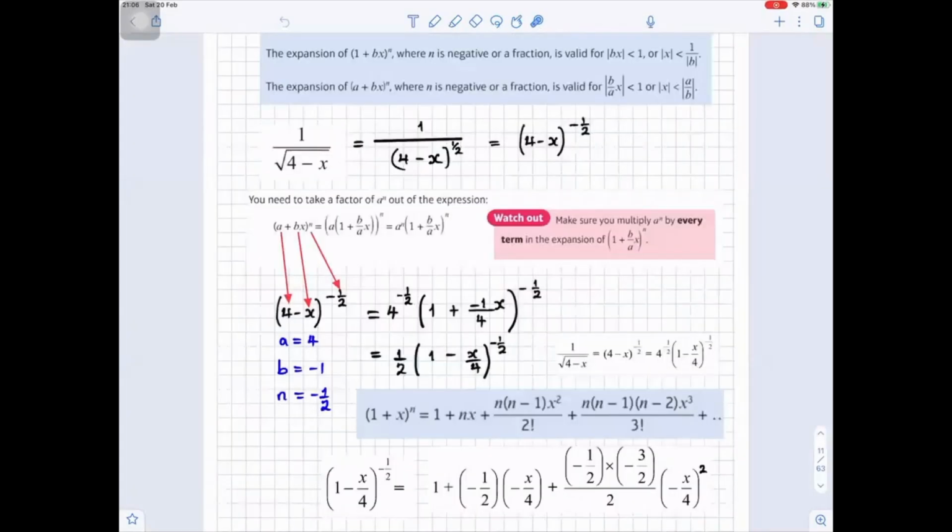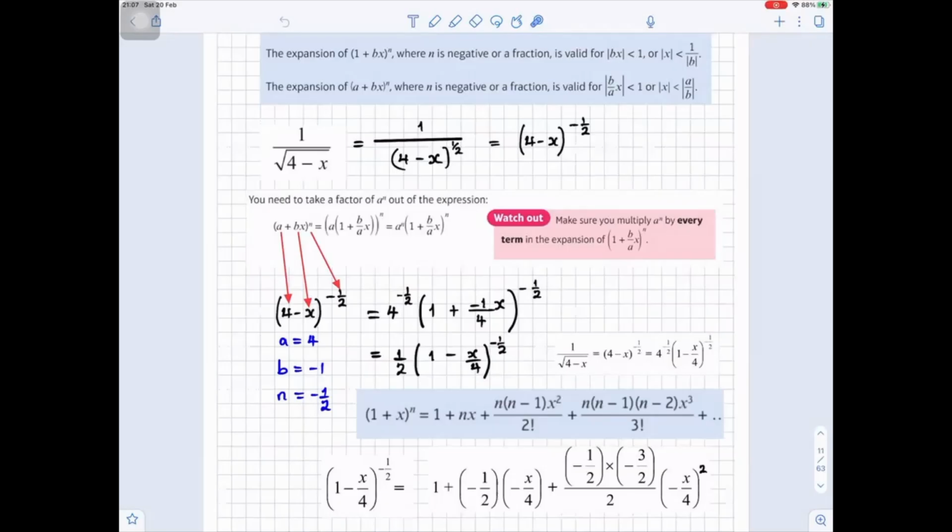So you need to take out a factor of a to the n out of the expression. If we compare it now, our a is 4, our bx is minus x, and our n is minus a half.